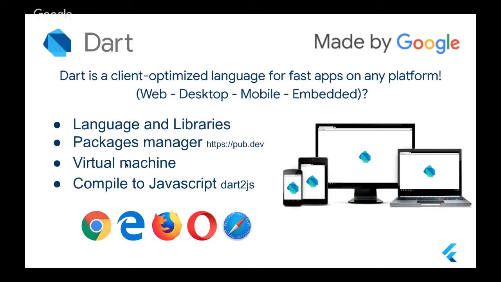Dart has its own virtual machine. What does this mean? It means that you can compile to any platform. If you have the virtual machine, you can compile your application to work on desktop or on the web. On the web, you can use the Dart language like PHP for building back-end applications. There is Dart for back-end and Angular Dart for client side.